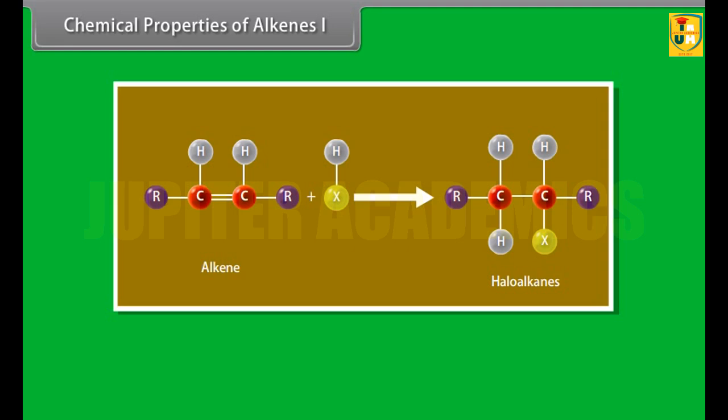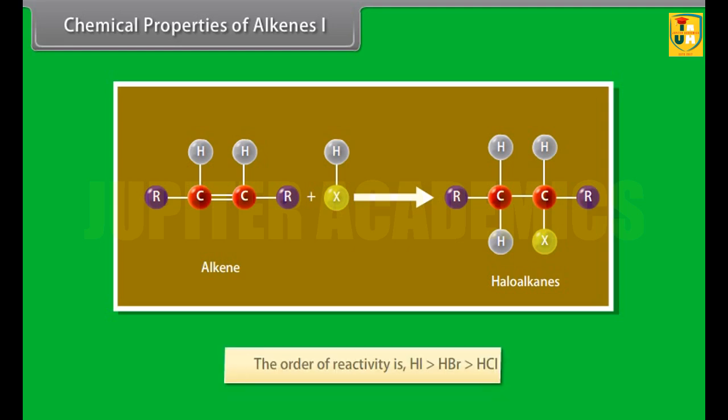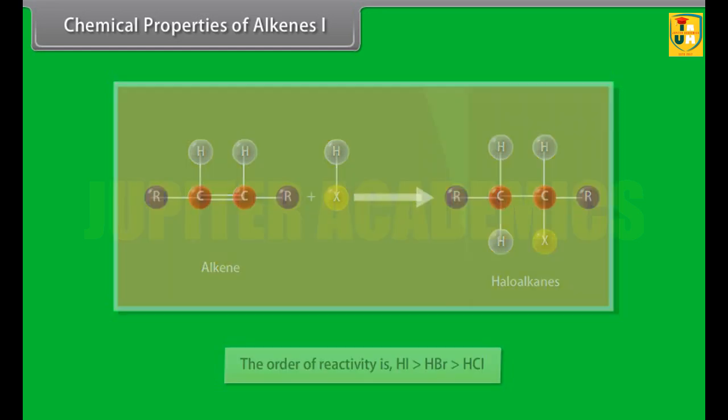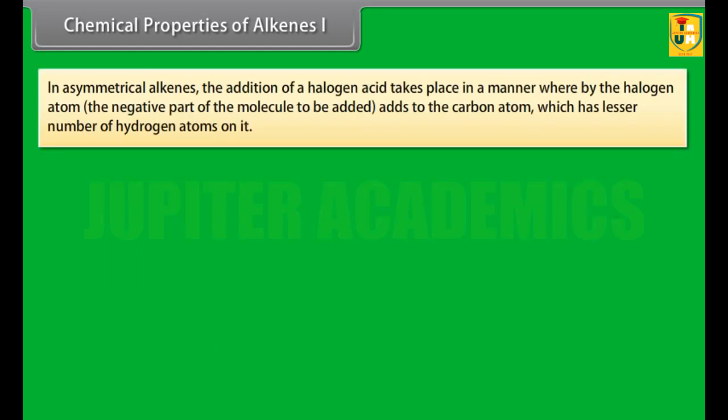Alkenes with concentrated aqueous solutions of halogen acids give haloalkanes. The order of reactivity is HI greater than HBr greater than HCl. In asymmetrical alkenes, the addition of a halogen acid takes place in a manner whereby the halogen atom, the negative part of the molecule to be added, adds to the carbon atom which has the lesser number of hydrogen atoms on it.